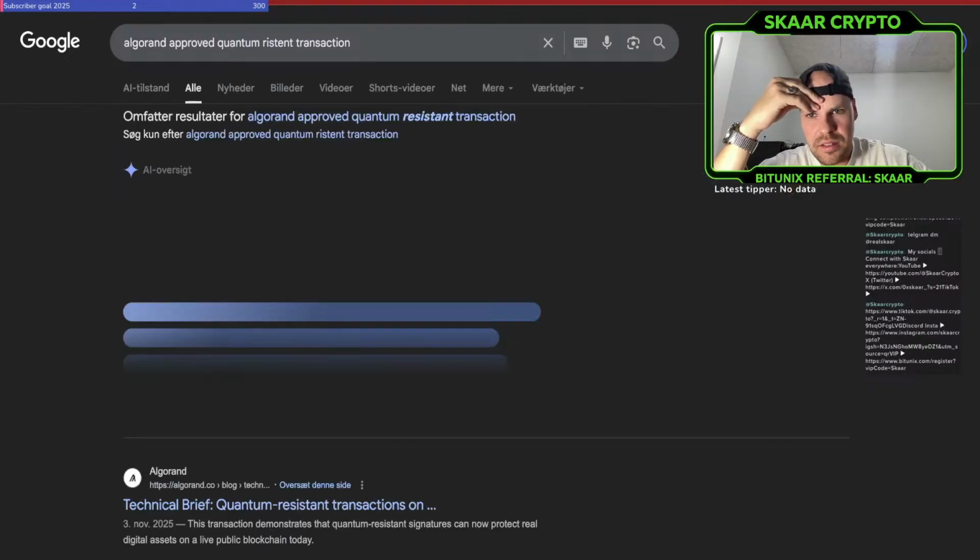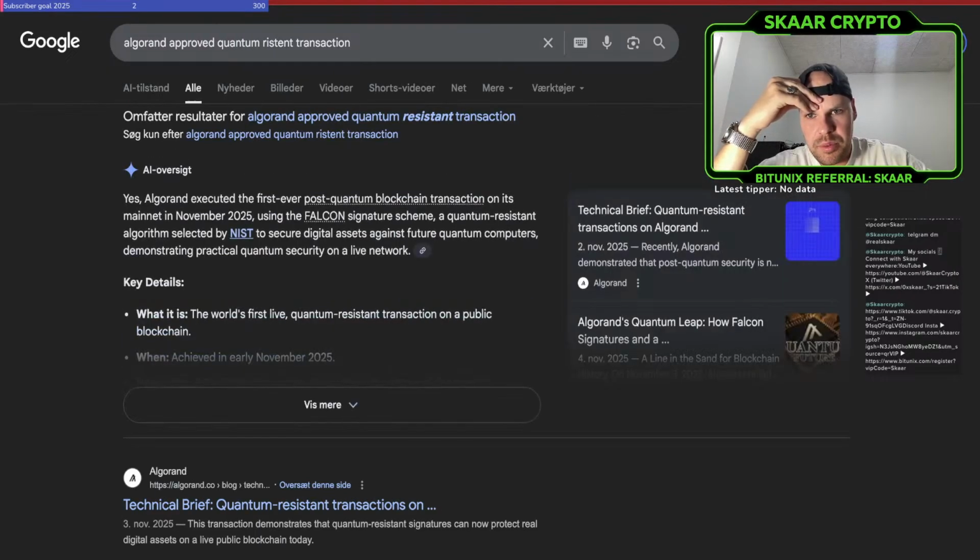The NIST, yeah, the NIST approved, to secure digital assets against future quantum computers, demonstrating practical quantum security on a live network.